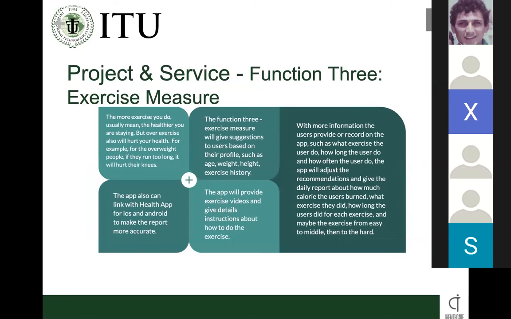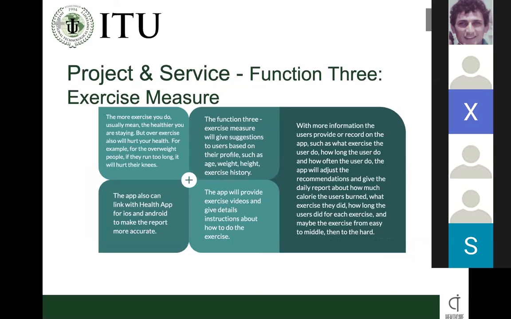Next function is exercise. More exercise usually means the healthier you stay, but too much exercise will also hurt your health. For example, overweight people maybe cannot go too long because they're going to hurt their knees.